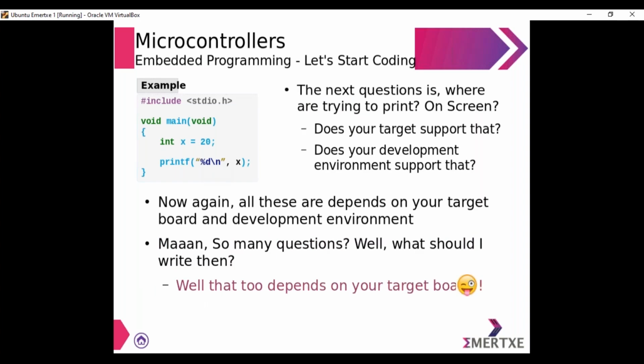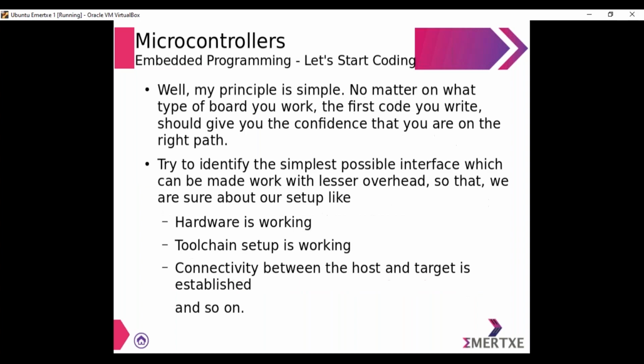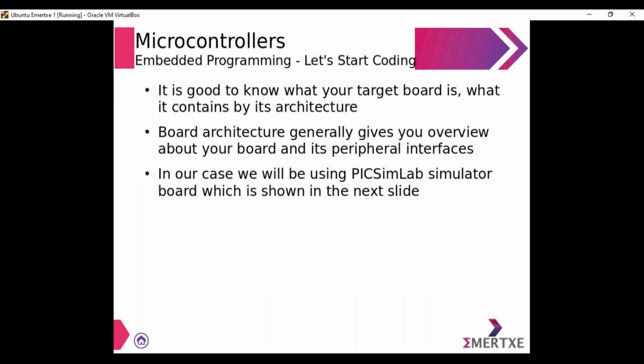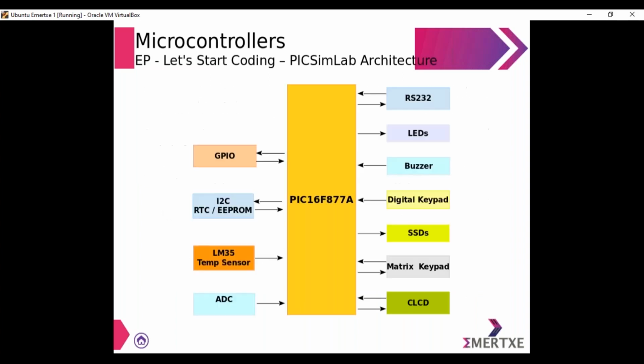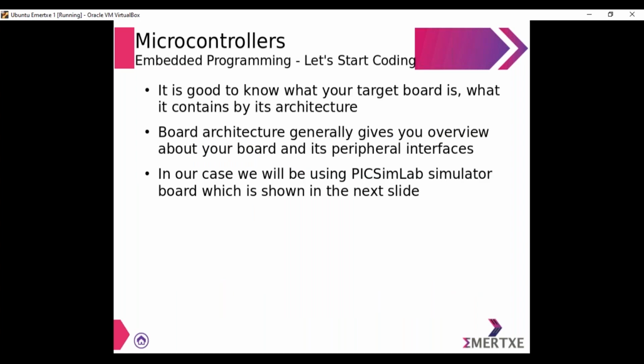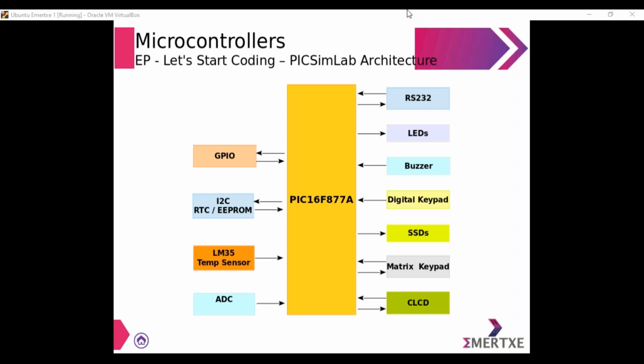Then the next question is, I want to print the value of x, which is 20, on the screen. Do you think our target board has a screen? That depends on which target board we have selected, so let us rule out the peripherals which are available for our target board.